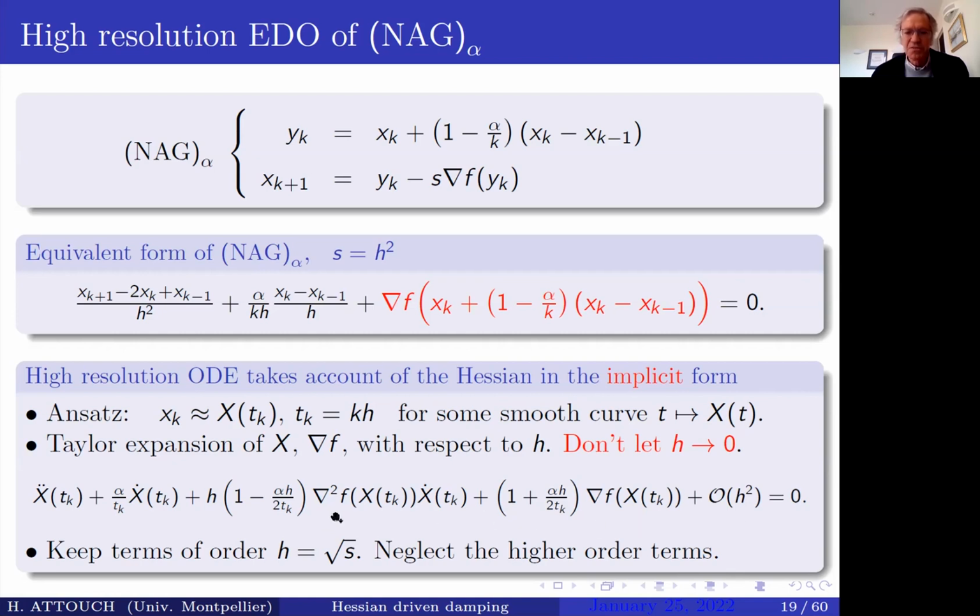But the difference between Ravine and Nesterov is that in the Ravine method, deviation appears in explicit form, and in the Nesterov algorithm, deviation appears in the implicit form. That's a basic point, and this has important consequences if you want to go further.